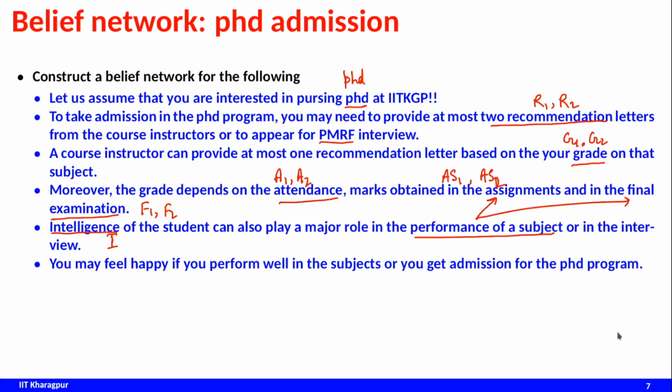You may feel happy if you perform well in the subjects or you get admission to the PhD program. So another variable, let's say whether I am happy or not, that will depend on how I am performing in the different subjects and whether I am getting into the PhD program or not. Now in order to model this environment, we can proceed in the following manner. There can be many ways you can model, so this is just one such model.